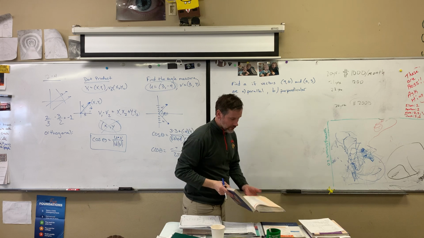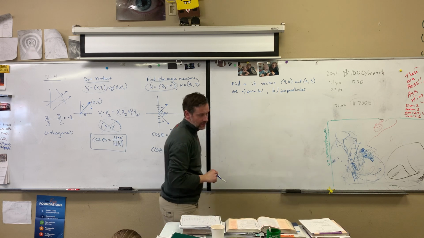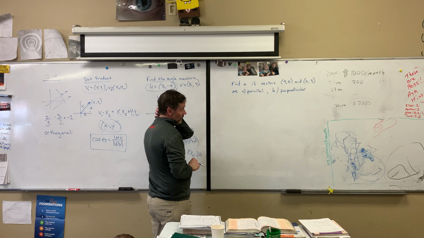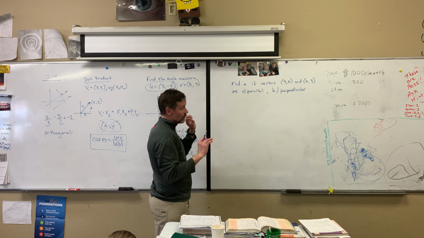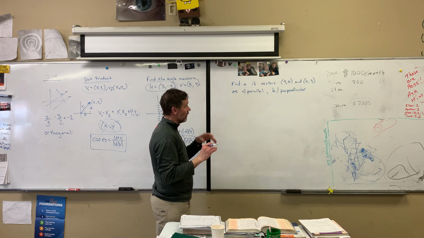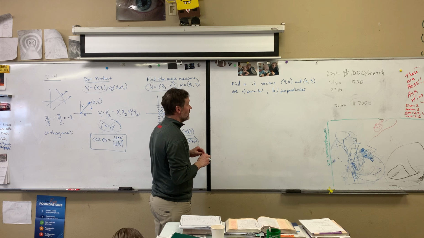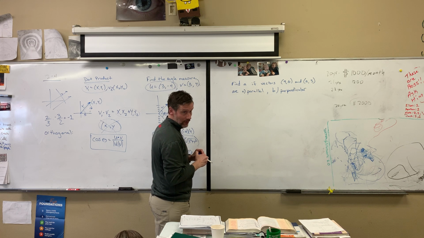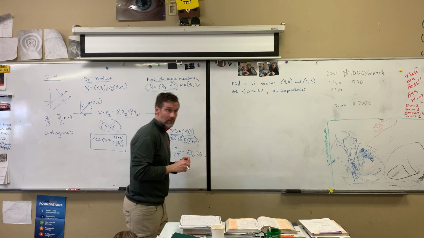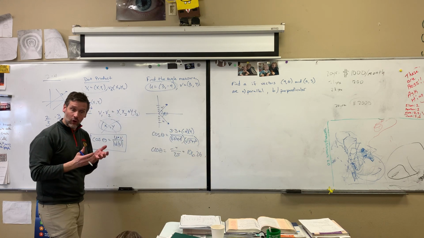So you have two vectors, 4, 6, and A, 3, and you want to find out what A is. So two different things going on. First, they're parallel, and then second, they're perpendicular. What they're referring to here is if they are parallel, they have the same slope.